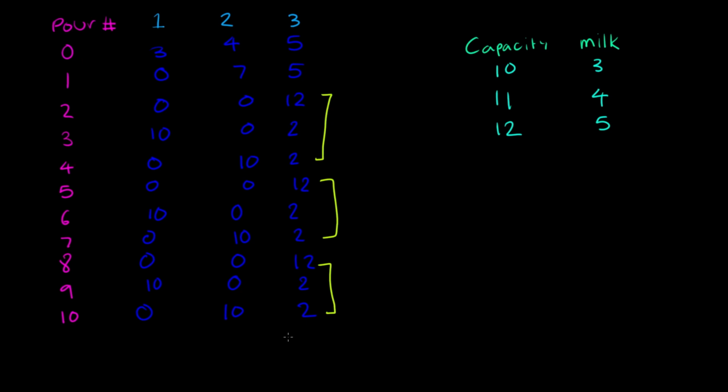Using simple math, because this ends at a 10 right here, we know that the 100th pour is going to end in the same state, with 0, 10, and 2. But we see that the fourth operation is also the same, it has 0, 10, and 2 as well.